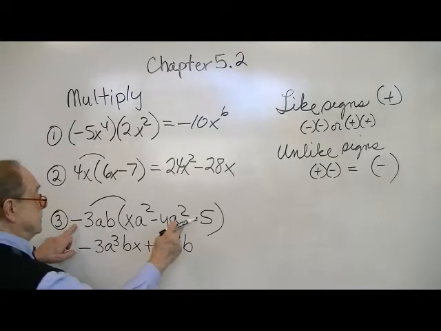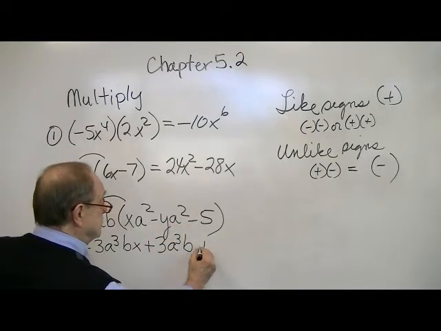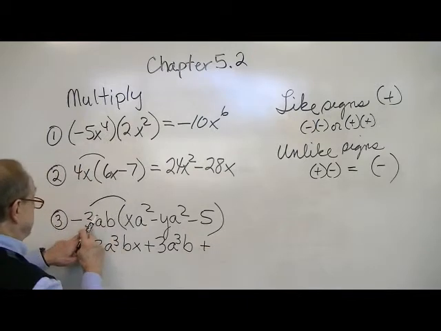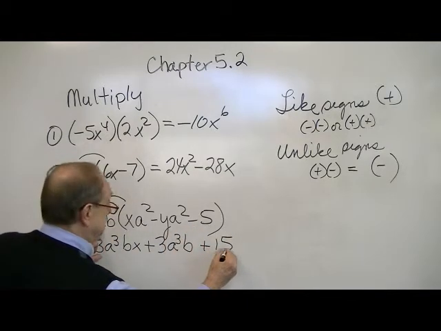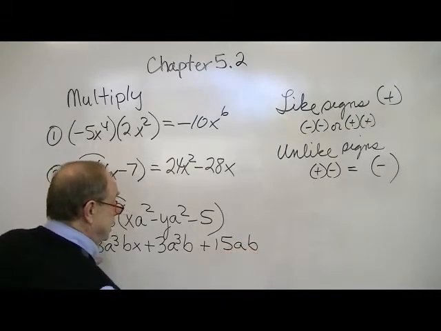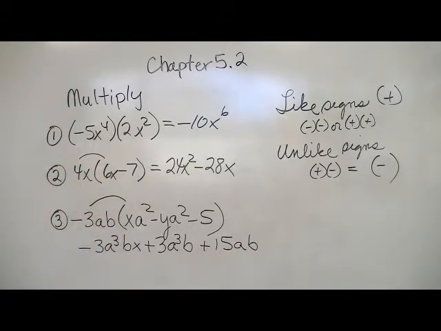And then now negative times negative gives you a positive. 3 times 5 is 15. And then you bring your a, b along. Now remember, a little later on in this chapter, they're going to ask you to factor out the greatest common factor. So you're going to have this, and you'll be asked to put it in that form.